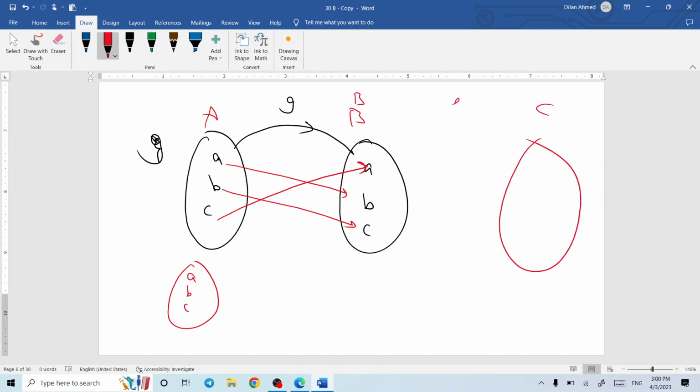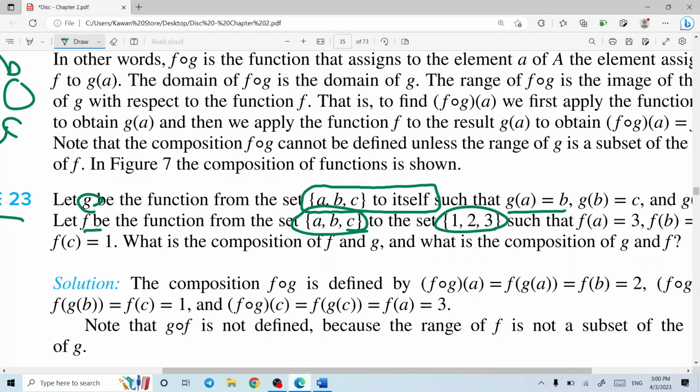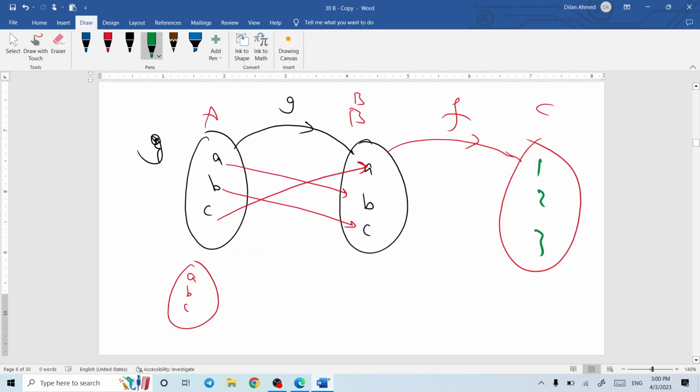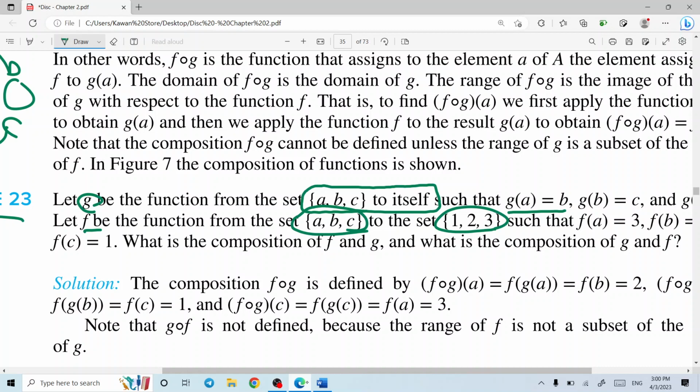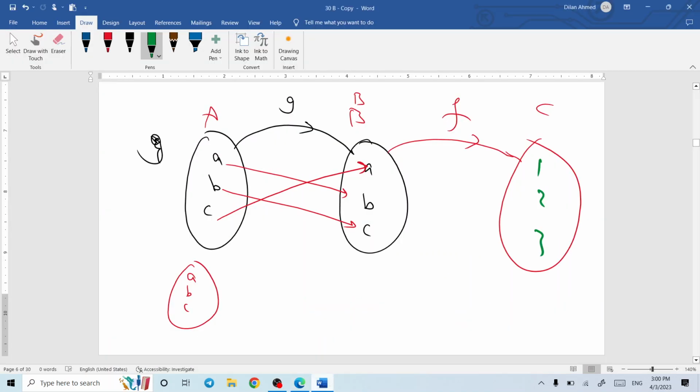This is then a function F. How do we define the elements here? F of A on 1, 2, 3 here. F(A) equal to 3, F(B) is 2, and of course F(C) is 1. It's going to be related to 1.